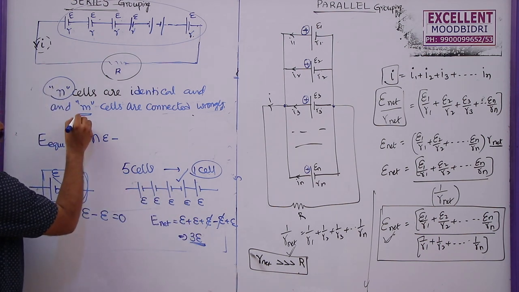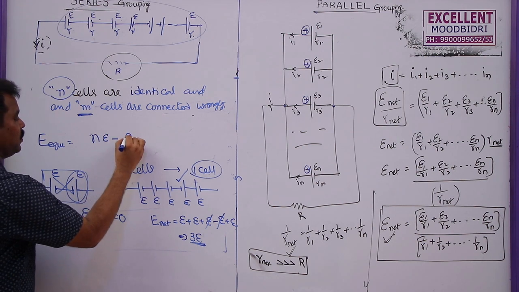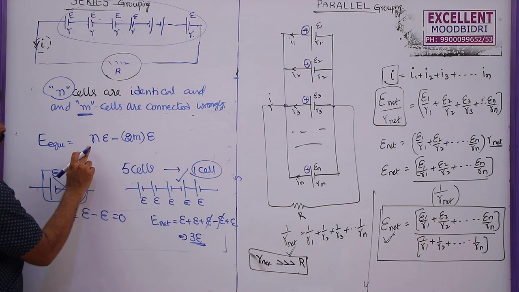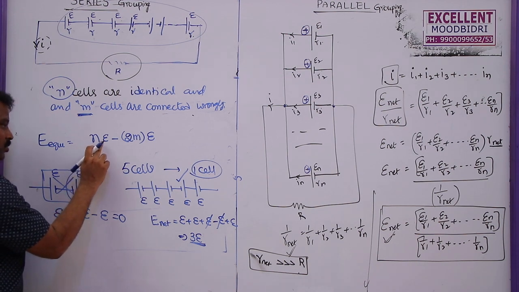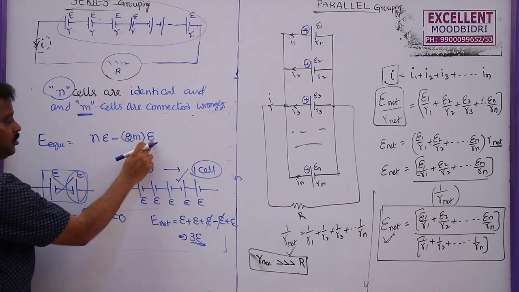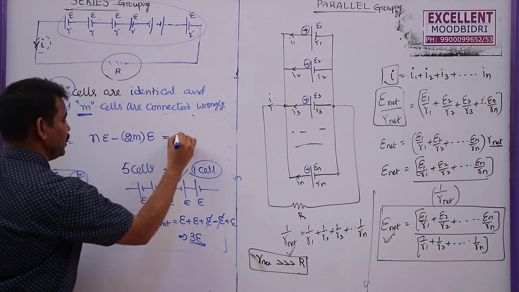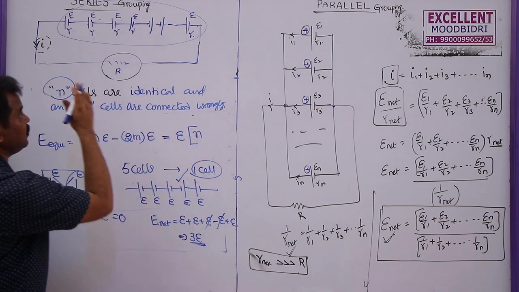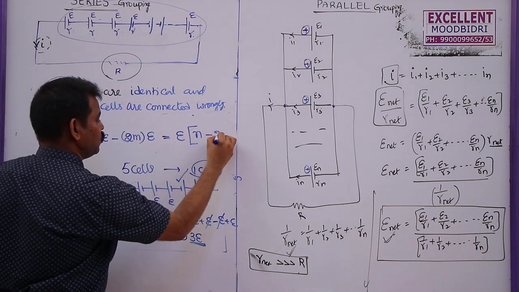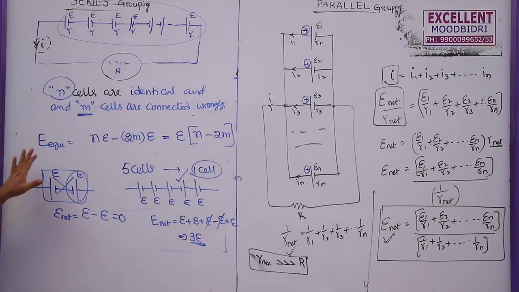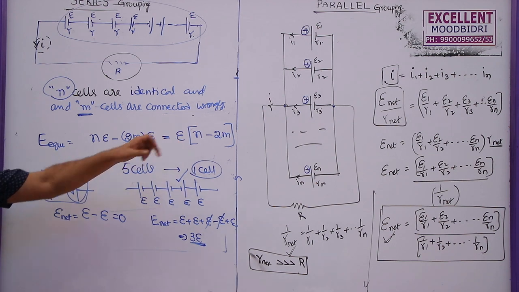Here also, when m cells are connected wrongly, the effect will be 2m cells will be nullified. So total EMF will become the total number of cells into EMF of each cell minus 2 times the wrongly connected cells into EMF. So this can be written as the EMF of each cell into the number of cells in this series combination minus 2 times m, where m is the number of cells that are connected wrongly. So equivalent EMF will become (n minus 2m) into E.